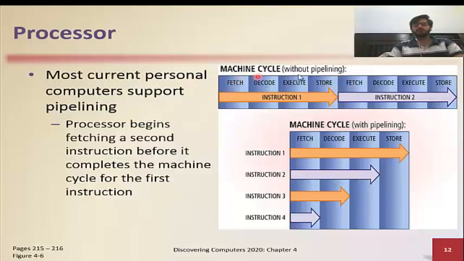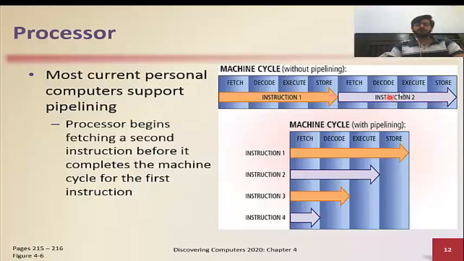So what's happening without pipelining? The first instruction comes, and the second waits here. After the completion of the first instruction, the second is going to be executed. It means we have just a single road for the traffic.